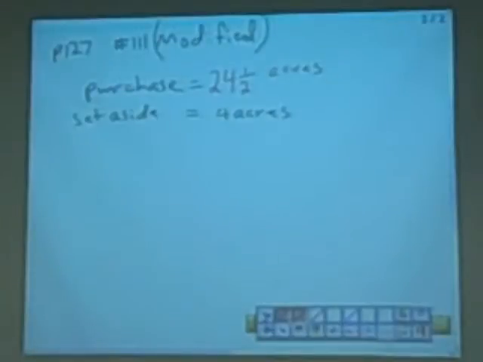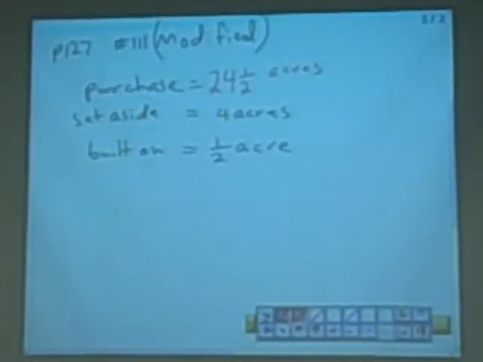Each house he builds, he's got 3/4 acre, I changed that to 1/2 acre, of land. How many houses does the developer plan to build on the property? Okay?